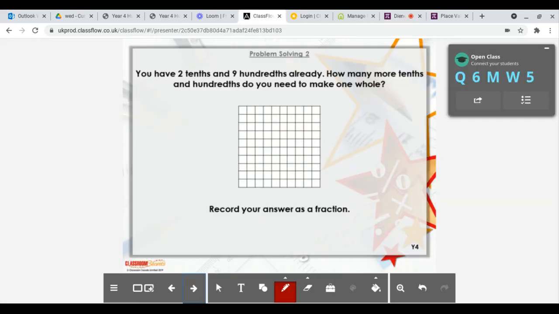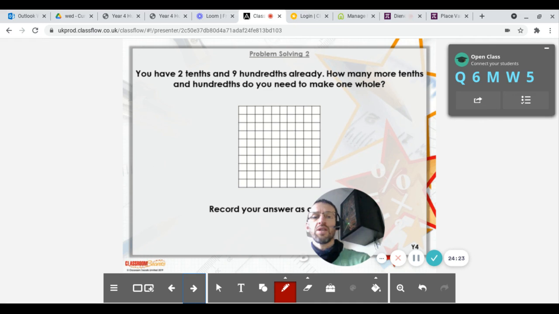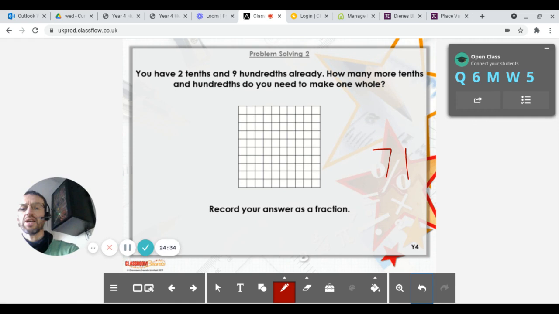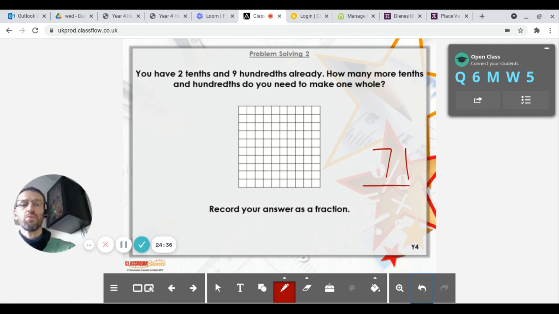I think it's 71. Just pop that down there. Come on, pen. You can do better than that. 71. And it says write your answer as a fraction. So it's 71/100ths. That would be a correct answer.